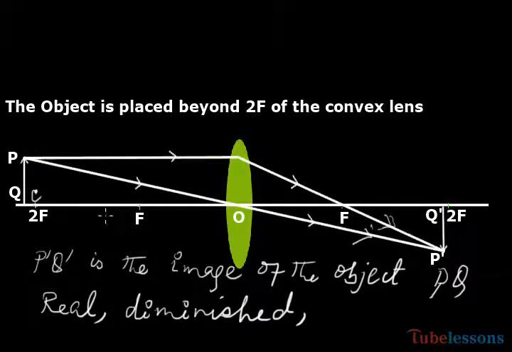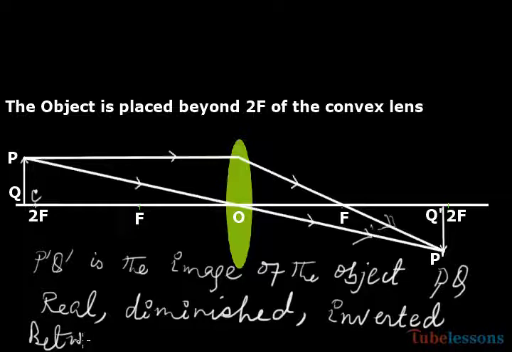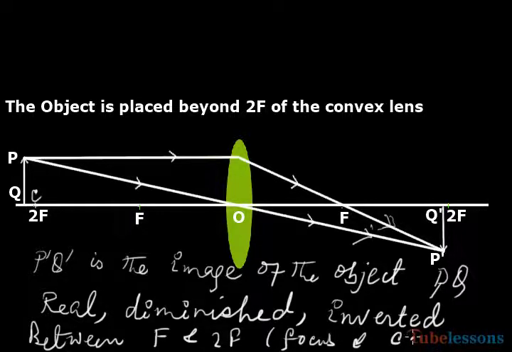You see PQ and here P dash Q dash, this is inverted. And position of image, it is between F and 2F, that is between focus and center of curvature.